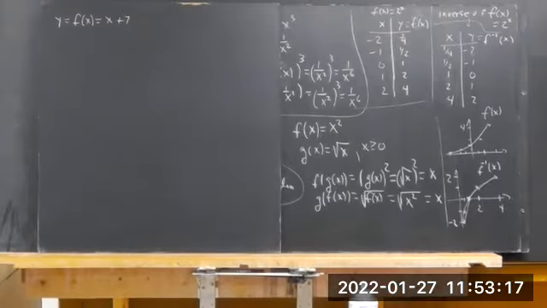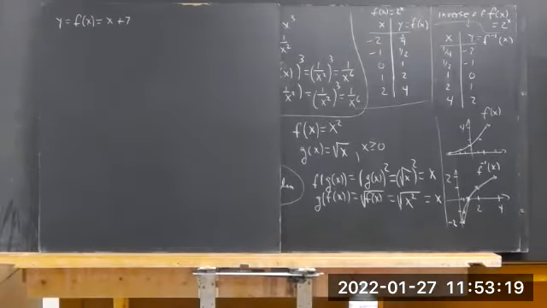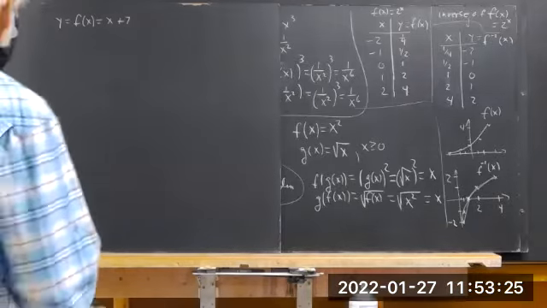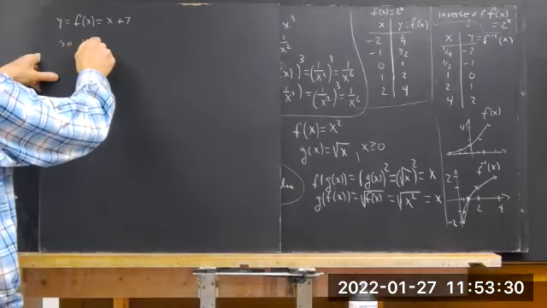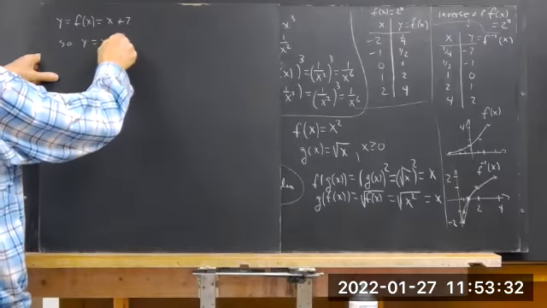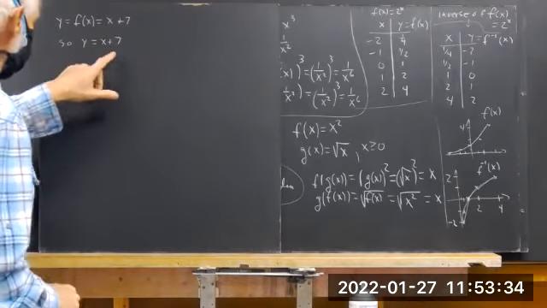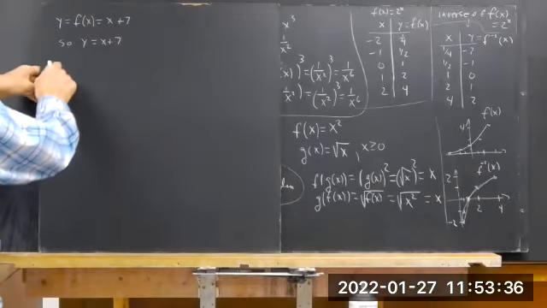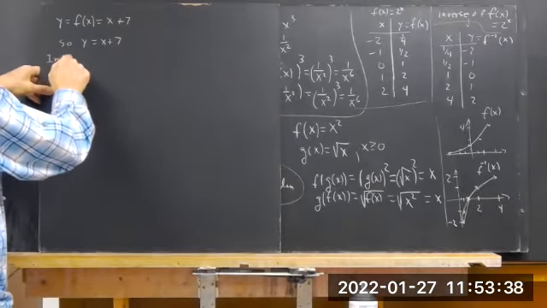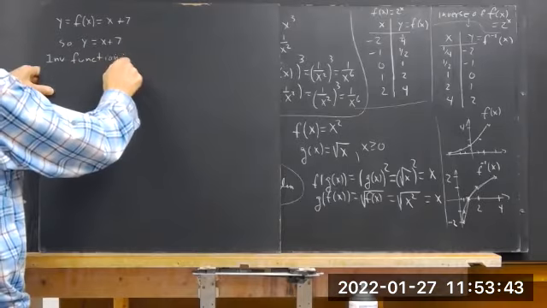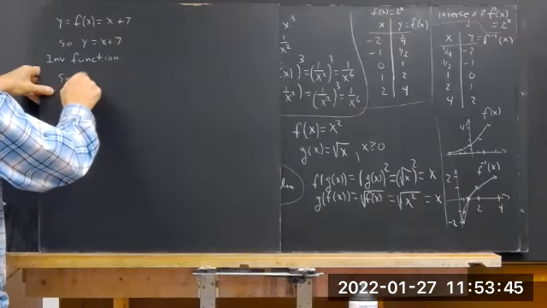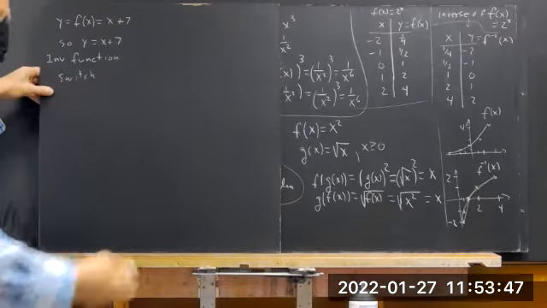Y equals f of x equals x plus 7. Okay, so y equals x plus 7. For the inverse function, we just do what we did over there, but we do it with the symbols.